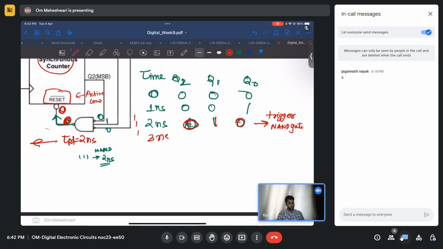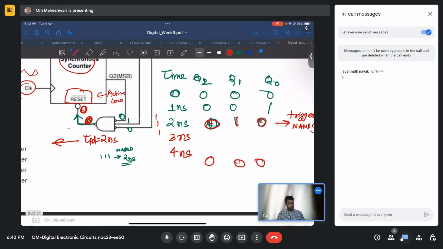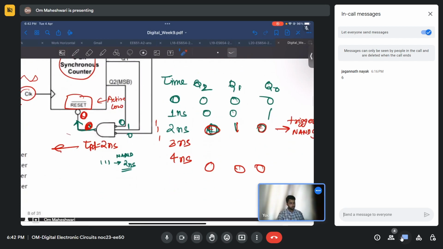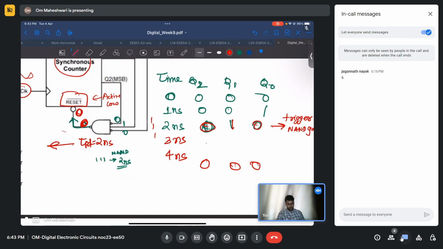So 3 nanoseconds, 4 nanoseconds will pass, then it will give 0, 0, 0. Since NAND will give 0, this reset will make everything 0, 0, 0. So between these 2 nanoseconds, 2 more states will come, right?